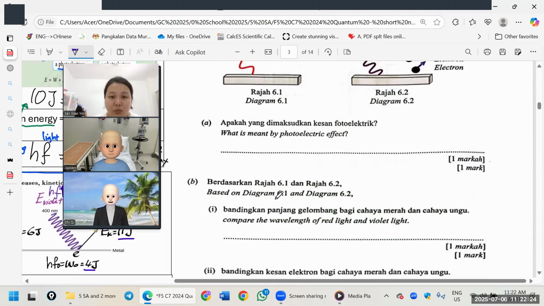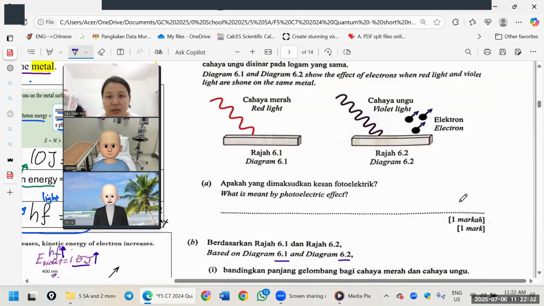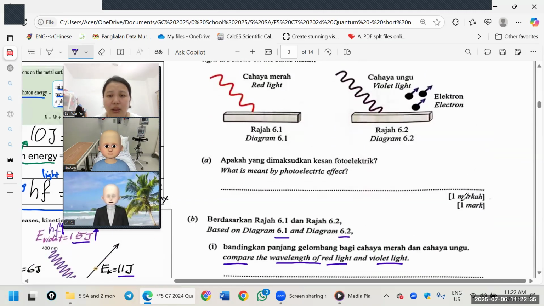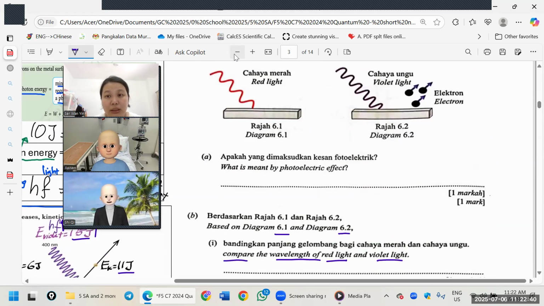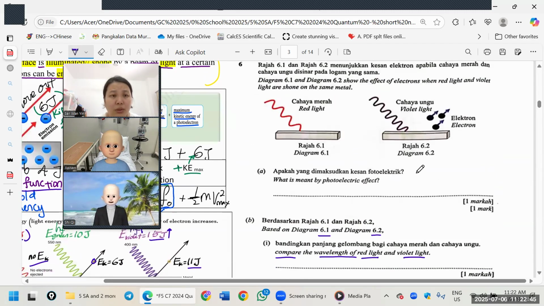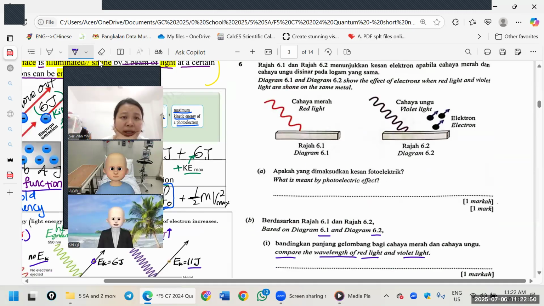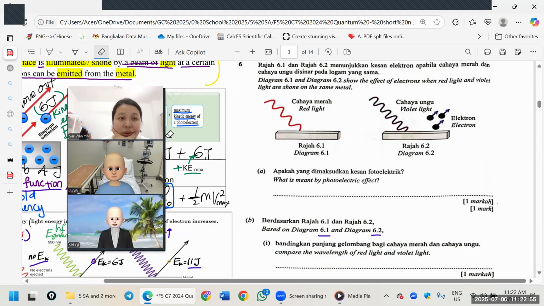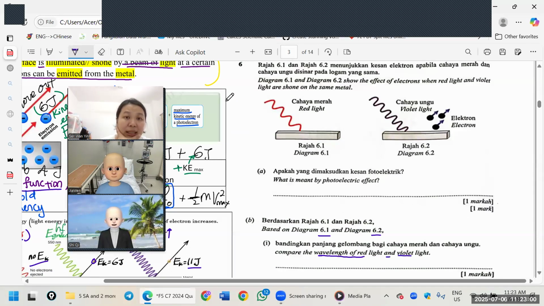Now, based on 6.1 and 6.2, compare the wavelength of red light and violet light. They may say, teacher, I didn't memorize. Yes, you are right, I also don't know actually. So who can help me compare? Who can tell me the answer and why you say so? I don't know the wavelength, how can I compare?